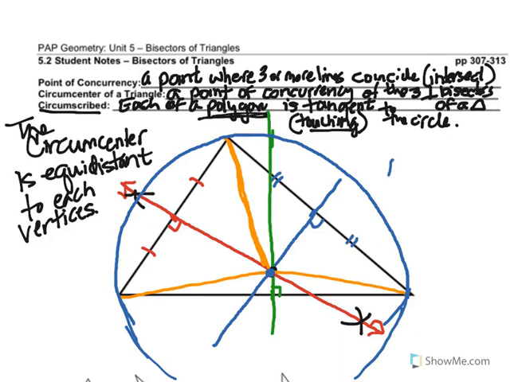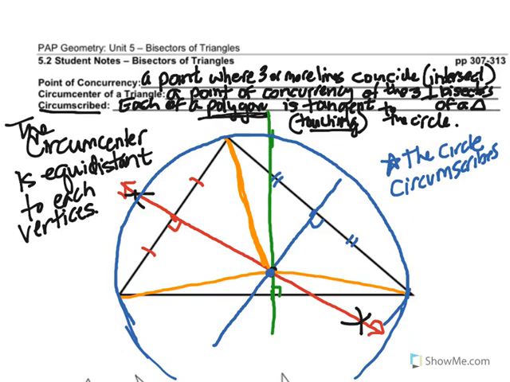Okay, so important. The circle circumscribes the triangle. Now remember what I mentioned about circumscribed. That means it goes around and it is tangent.